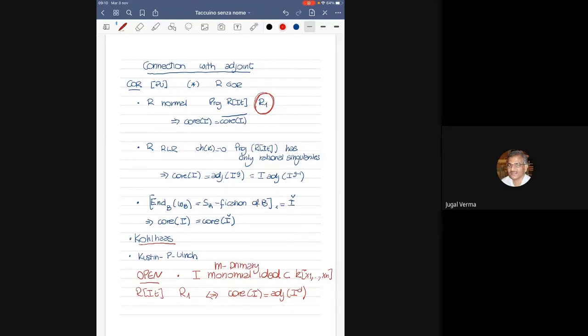Okay, so she proved it, Kohlhaas, but only assuming that the ideal I has a monomial reduction, which we know is not always the case. So this is actually open, and I think she made some progress in dimension 2, but in general it is open.